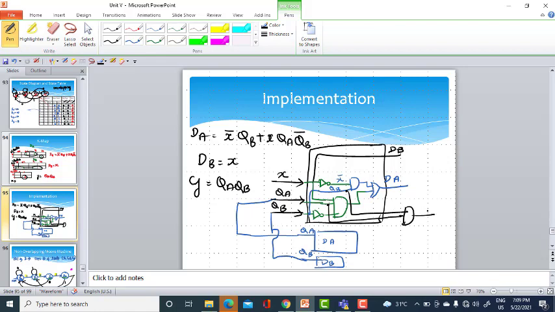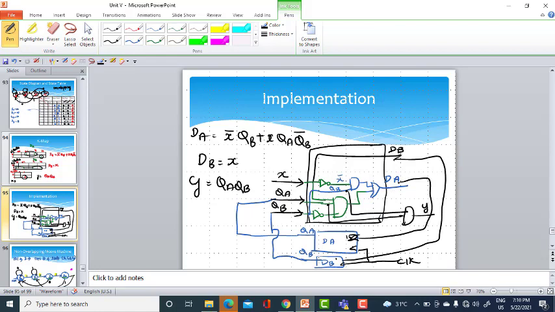Multiply this, you will get Y. Okay, and feed this here. This is the DA input, this is the DB input, whereas this is your clock. Tie your clock and give your clock. DB is connected here and DA connected here. Okay, this is how you will be implementing your Mealy machine model.